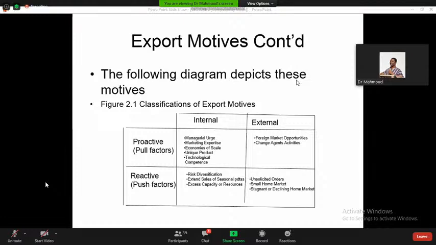Okay, so let's look at unsolicited orders. Unsolicited orders is when, as a domestic firm, people write to your company requesting your products and services when you haven't made any attempt to cultivate the foreign market.